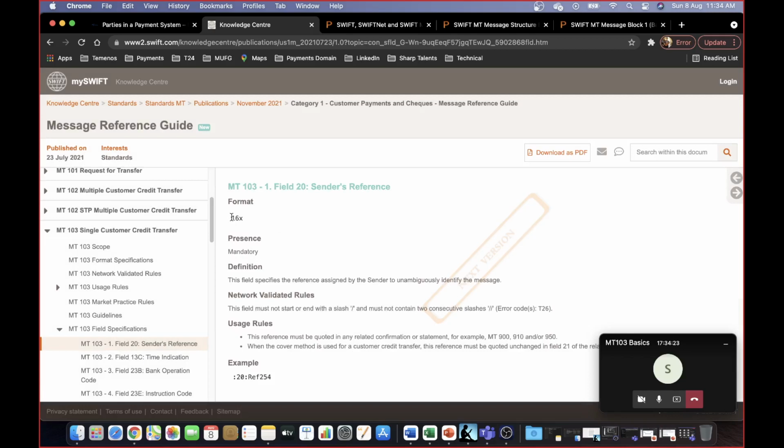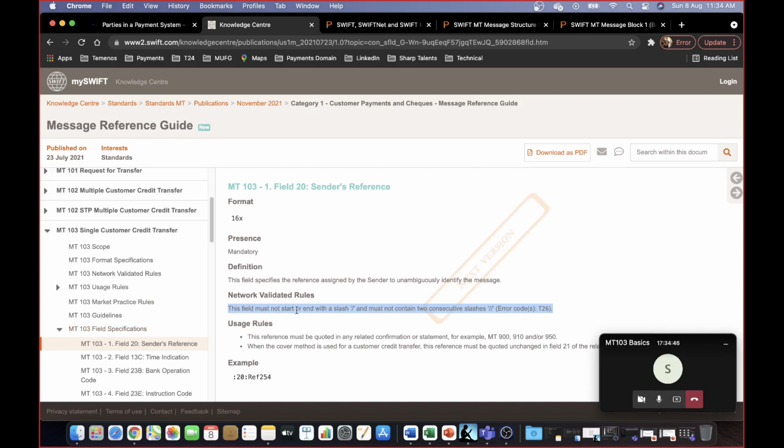Here it says 16x, which means it's a 16 character alphanumeric value. And you will have the network validation rules, which rule is used. When the payment is sent to the Swift network, the Swift network will validate this payment. So what are the rules it follows? That will be available here for this particular tag.